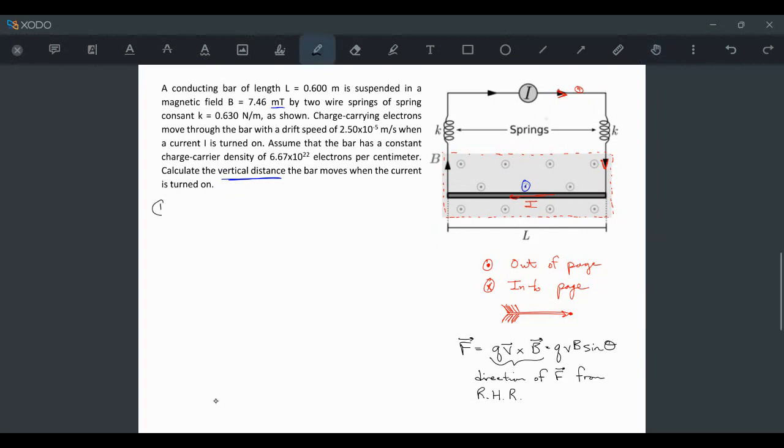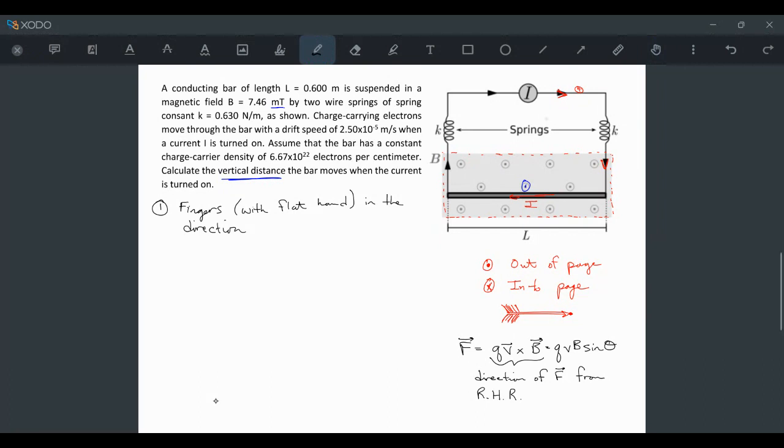So first of all, I point all the fingers on my hand, and it's important with a flat hand, in the direction of QV.